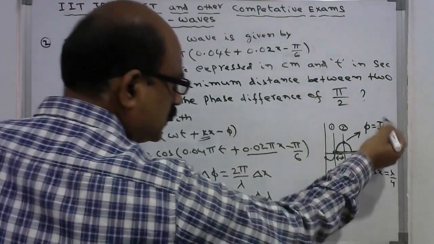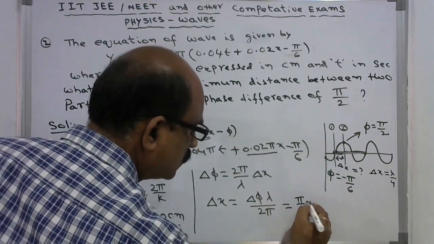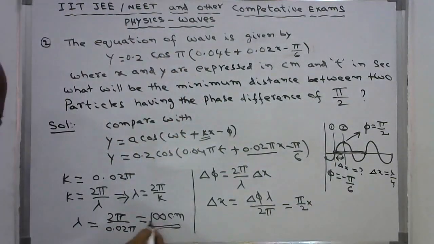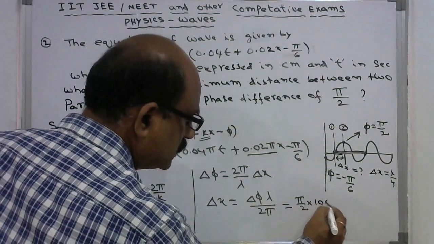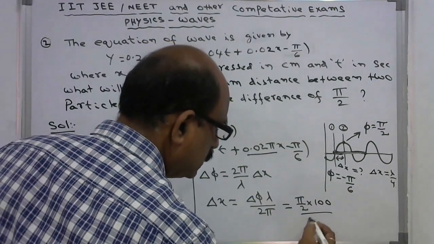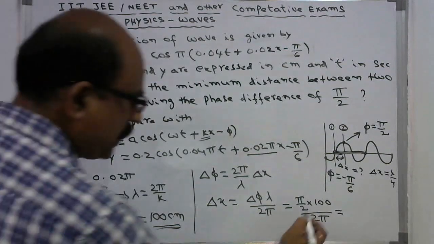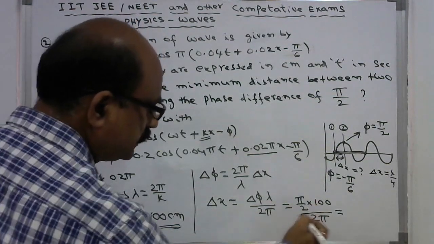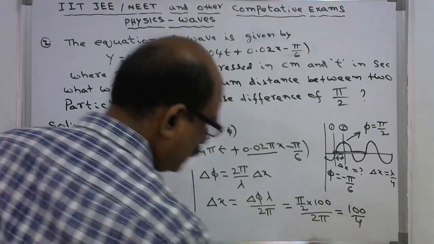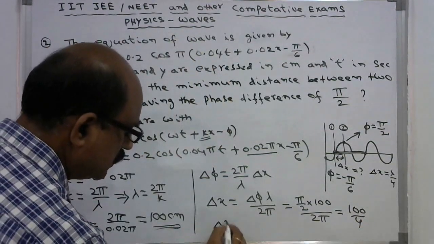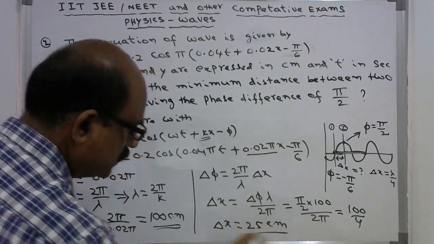Delta phi is given as pi by 2, into lambda, which we obtained here as 100 centimeters, so 100 centimeters by 2 pi. Then pi is cancelled, and 2 2s are 4. So 100 by 4. So finally delta x equal to 25 centimeters.